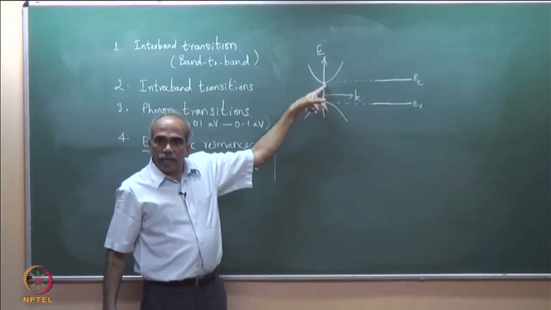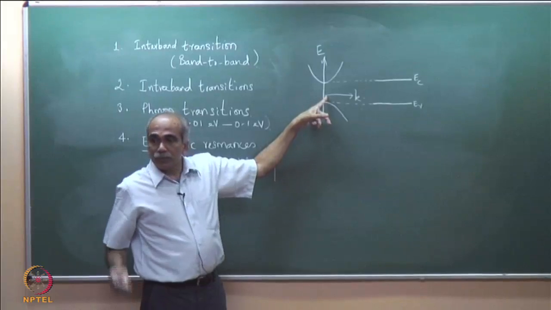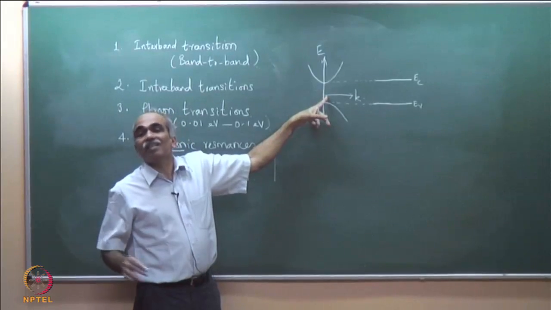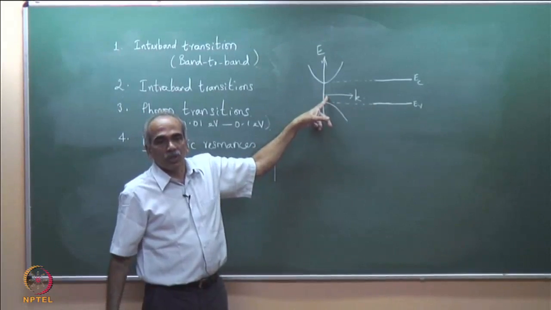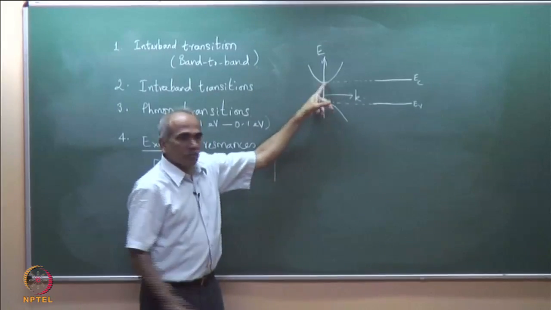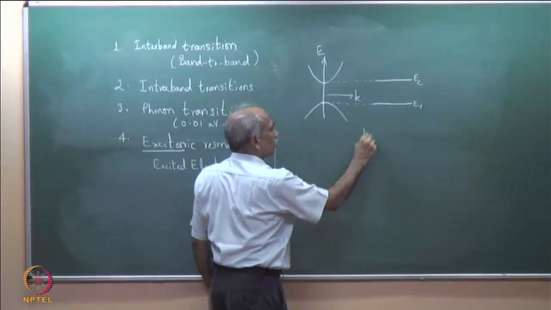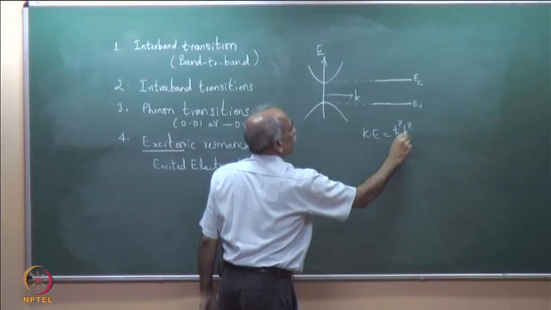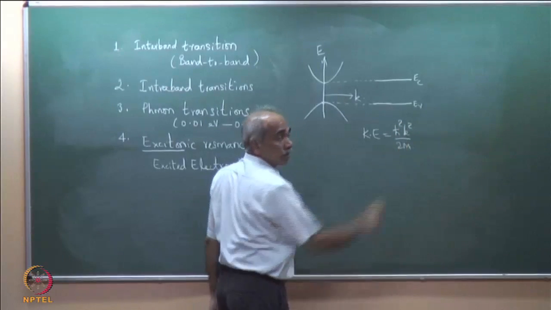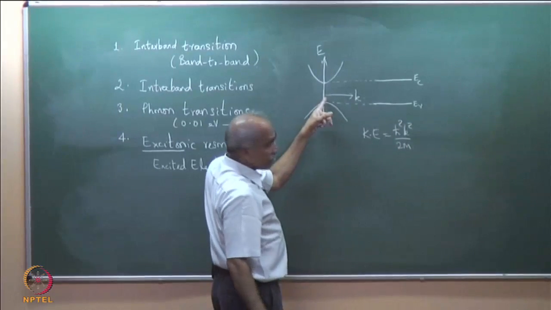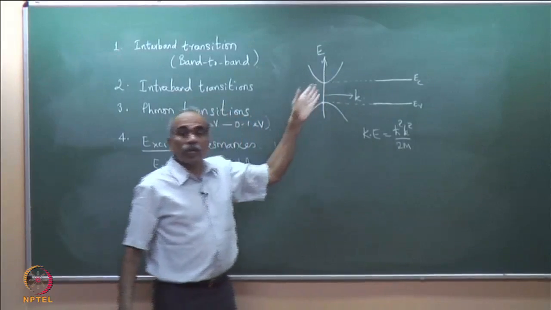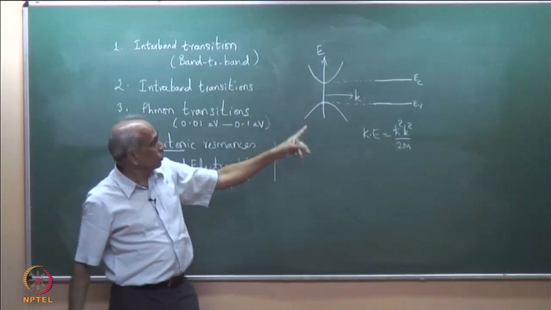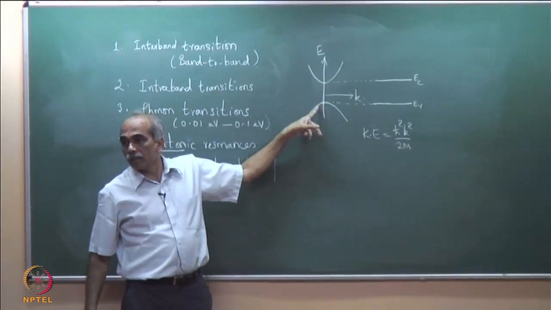Therefore, the K is almost 0, which means the kinetic energy is very close to 0, very small kinetic energy, because kinetic energy is h cross square K square by 2m. And therefore, if K is close to 0, that means they are low kinetic energy carriers, close to the edge of the band.